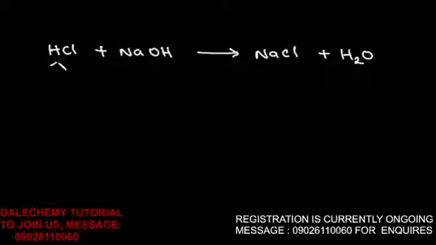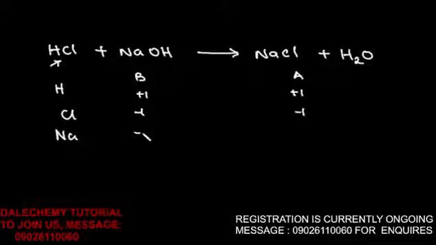You will notice that the oxidation state of hydrogen is +1 before the reaction, and it's also +1 in water. It doesn't change. For chlorine, it is -1 here and also -1 here. For sodium, it is +1 here and also +1 here. For oxygen, it is -2 and also -2 here. So there is no change in oxidation number in this reaction. That means this reaction is not a redox reaction.